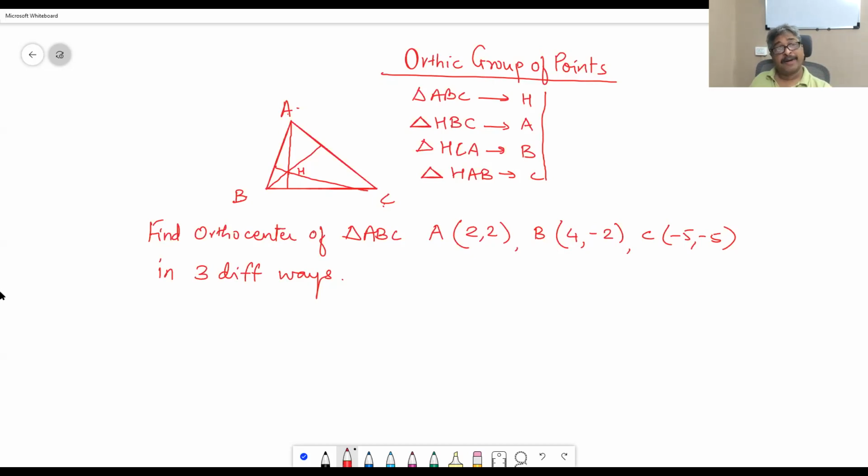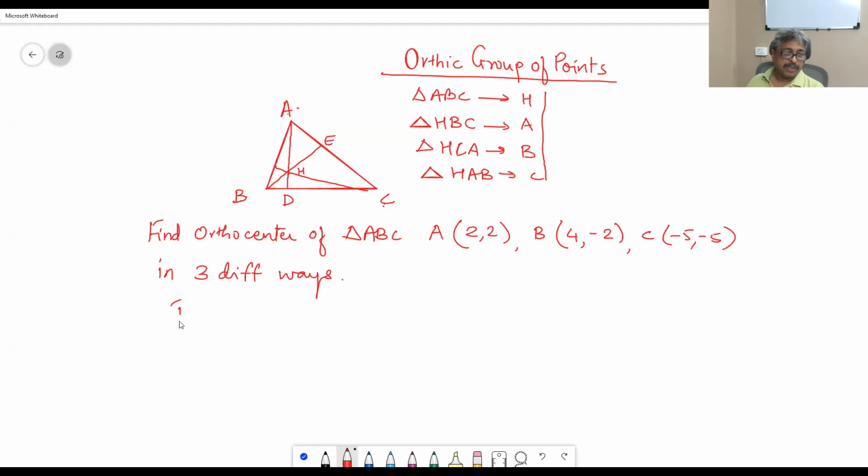Okay, first find out by one method and then we will find out by 2 different methods. The fastest method in this case would be to find the equation of AD, find the equation of BE and get the point of intersection.